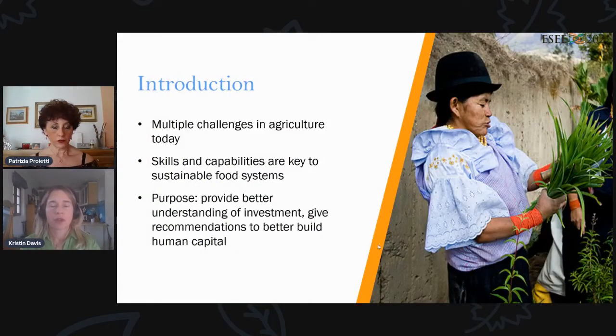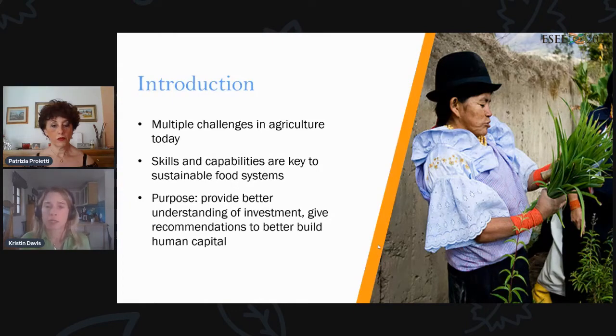So by way of kicking us off, as you are well aware, there are a lot of challenges that we face in agriculture today. Besides COVID-19, there are climate change issues, globalization, and a lot of disruptors going on within agriculture, digital technologies, food safety standards. Human capital in all of this is one of the really critical elements to face these disruptions and the future challenges that we have.